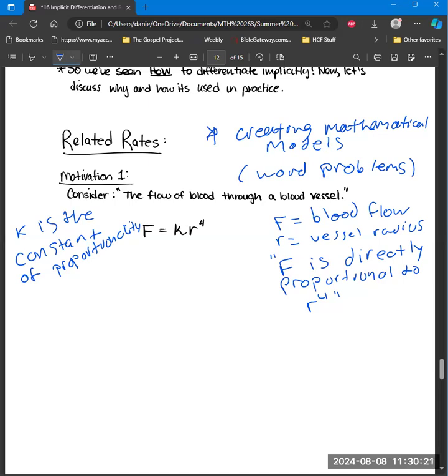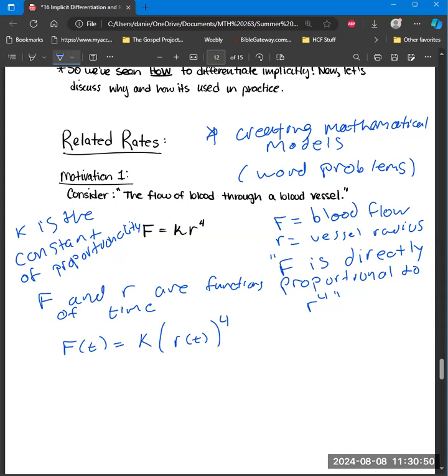So F and R are functions of time, even though we don't see time anywhere in there. So we really have F of t is equal to K times R of t to the fourth. We just don't see it that way.